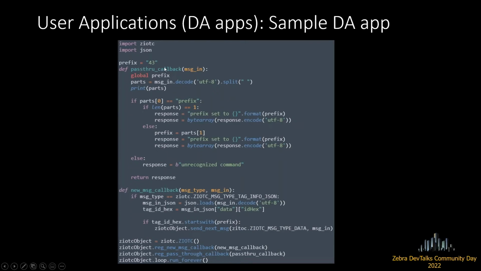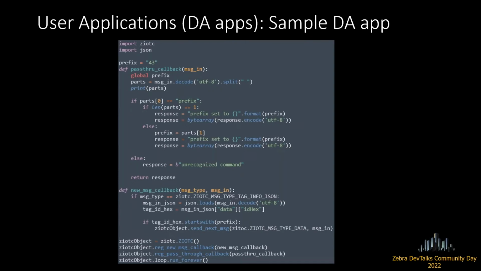Now you might have noticed there's a second callback here. This is called the pass-through callback. Now, it may be required for the DA apps, or the use case may be that the client or some management application which is managing the readers wants to send a command to the DA app instead of sending it to the reader itself.